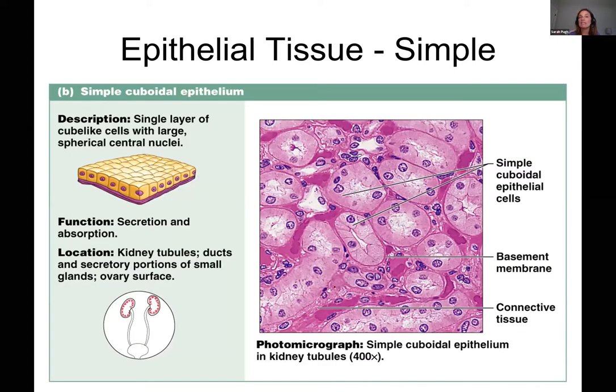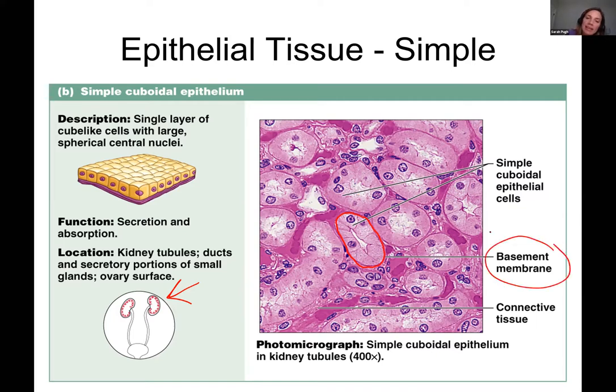This is showing you the kidneys. Okay, so you can see the kidneys here, and here is our simple cuboidal epithelial tissue. I'm going to draw right here. You can see my red line. That would be the basal surface of those cells, so there's my basement membrane.